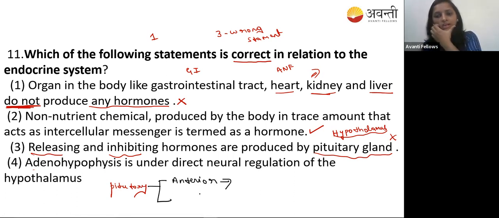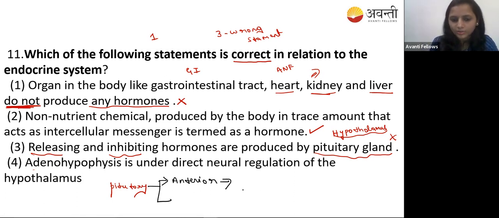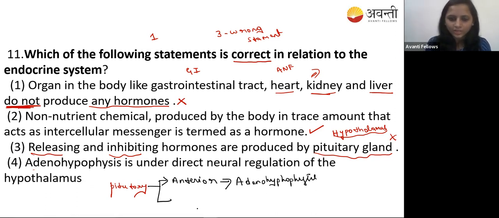That is under chemical coordination, and we call it the adenohypophysis. It is not under direct neuronal control. Then coming to the posterior part, we call it the neurohypophysis.